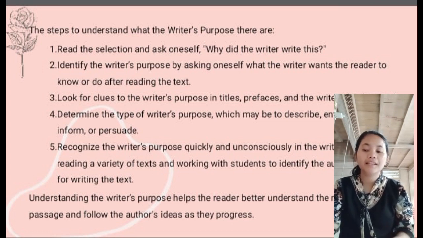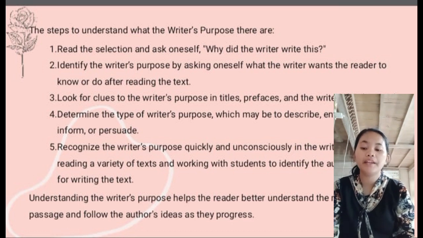And the last step to understand the writer's purpose, namely recognize the writer's purpose quickly and independently in the writing of others by reading a variety of texts and working with students to identify the author's purpose for writing the text.